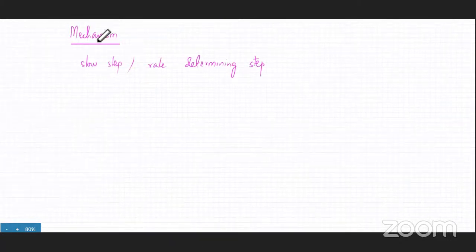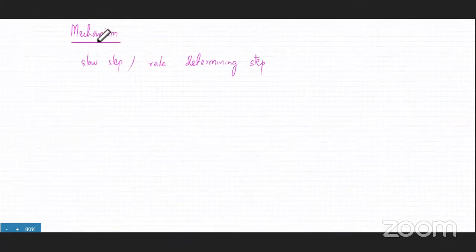अब इसमें क्या होगा mechanism के अंदर? It's a rate determining step. Why is it the rate determining step? For example, there's a tertiary halogenoalkane. उसके अंदर पहले step में होता है the carbocation is formed.